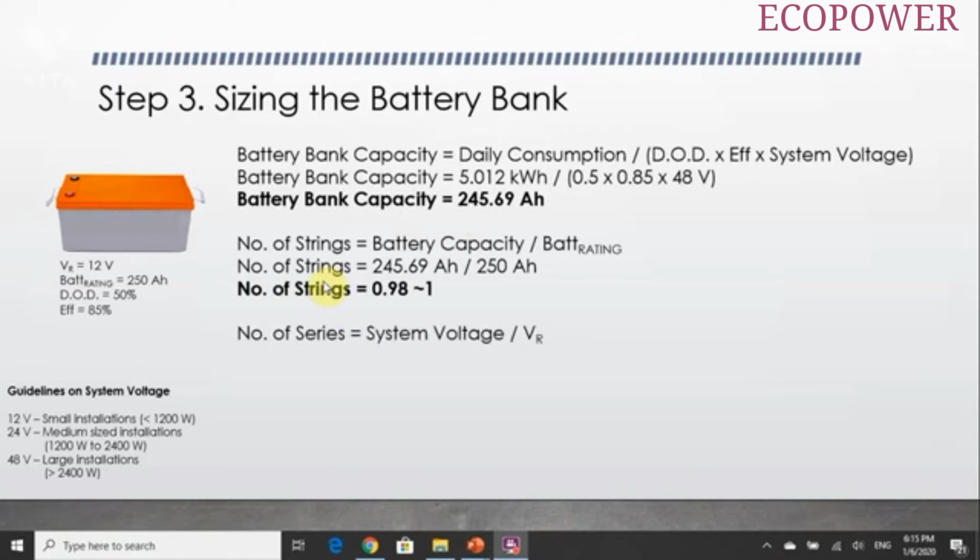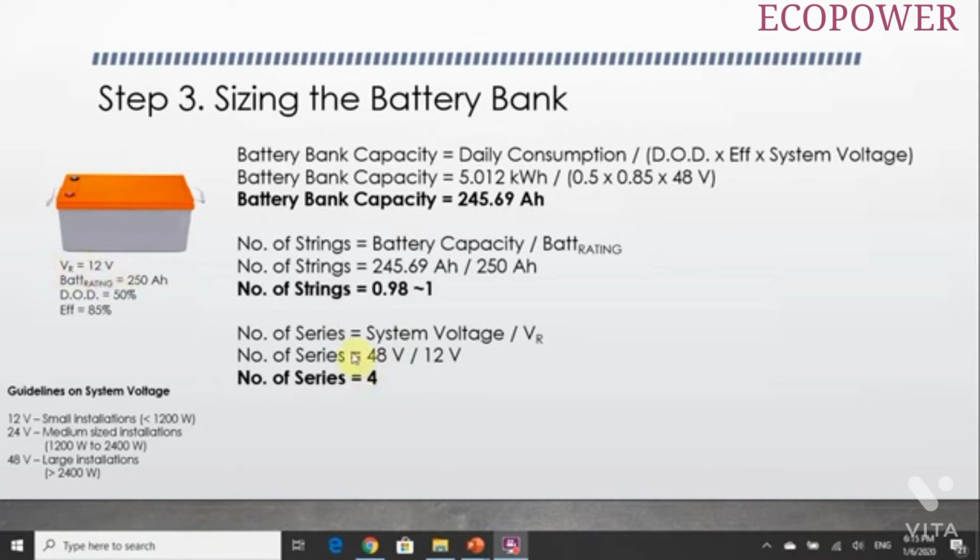Now, to compute the number of series, it can be determined by dividing the system voltage by the battery's rated voltage. Our system voltage is 48 volts divided by the battery's voltage rating, which is 12 volts.